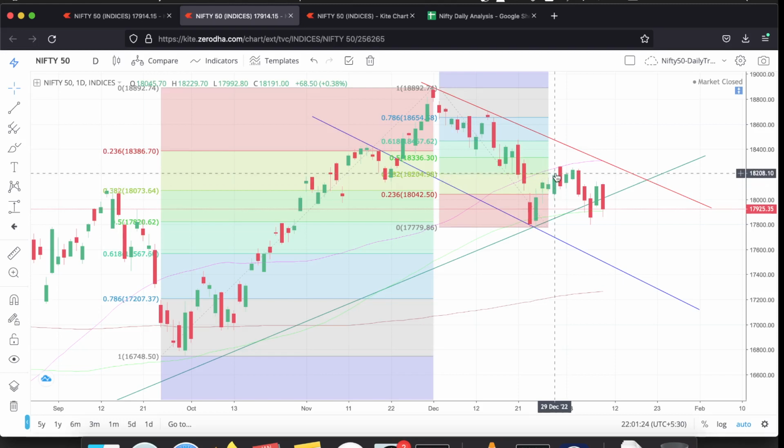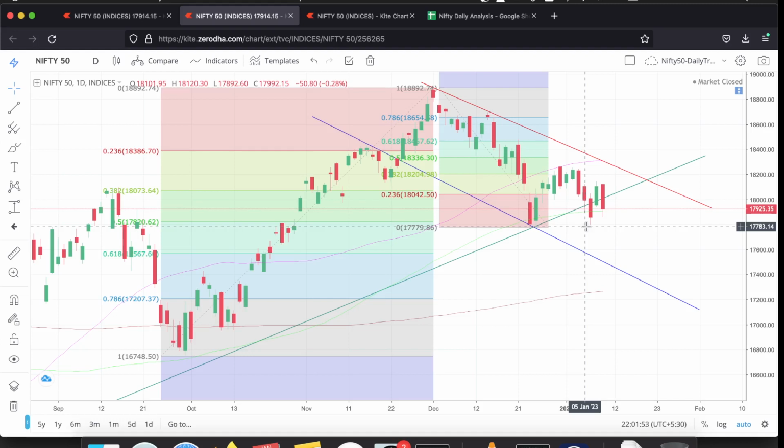So it completed 38% retracement, which is a good key retracement level. And then it found quite a lot of resistance there for almost 7 sessions. It tried to go up, it couldn't. Eventually it got pushed down strongly. So right now the price is coming back and it's between the 23% retracement level and the lows of December.